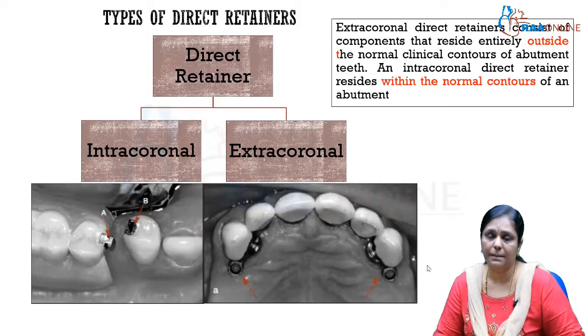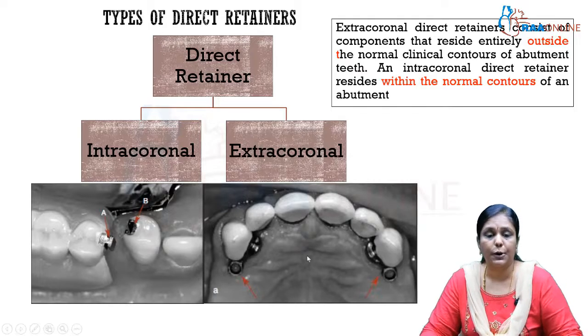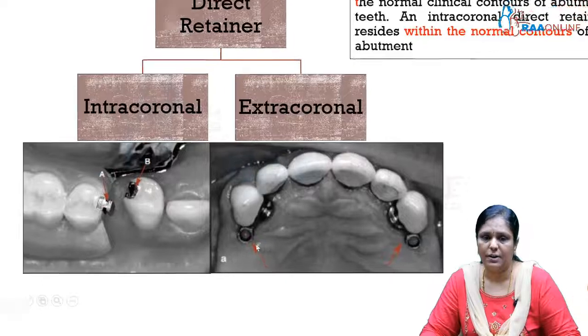As you can see in the picture below in this flow chart, these attachments are placed entirely outside the coronal portion or the crown, which is going to hold the removable partial denture.